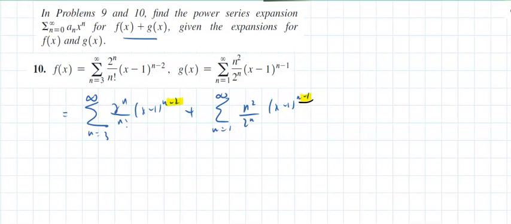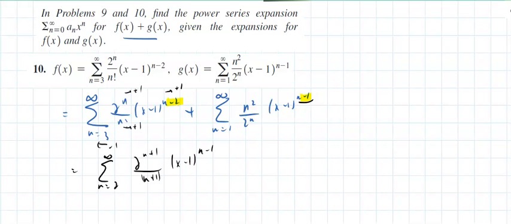So if I wanted to match, I want to boost this one up. That means you're going to boost this one up, and this one down to compensate. So that's going to be the series n equal 2 to infinity, and here 2 to the n plus 1, n plus 1, times x minus 1 to the n minus 1. That's where you begin. That's always the start.